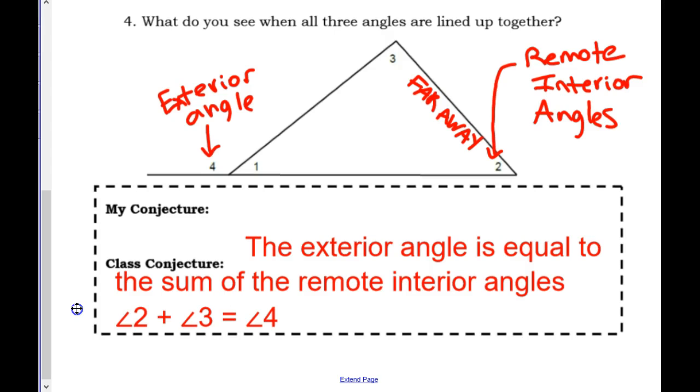Four is an exterior angle. 2 and 3 are far away. So they are called remote interior angles. And sorry, there's a missing arrow here.